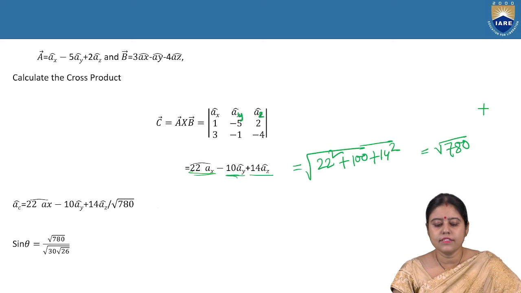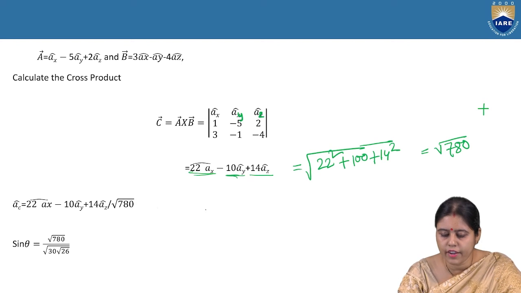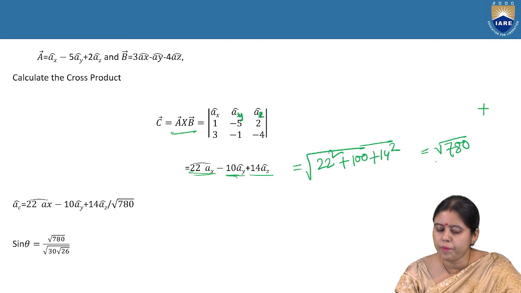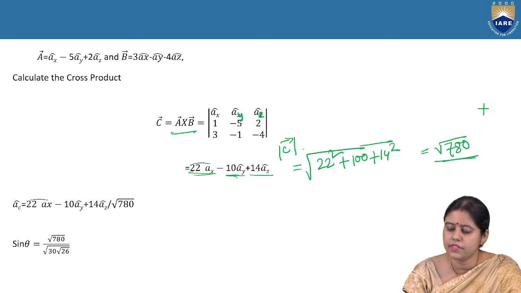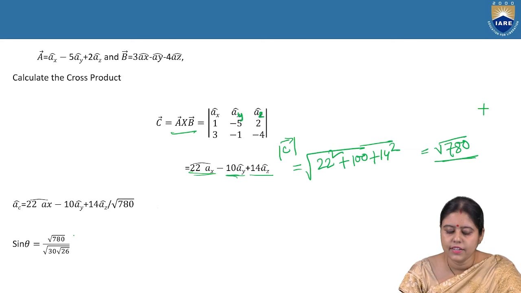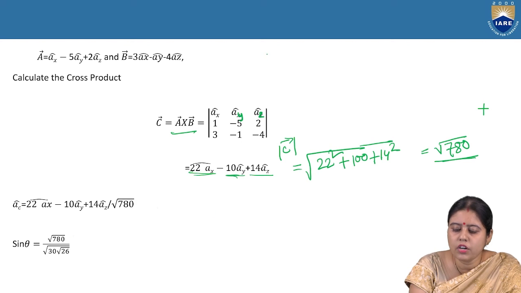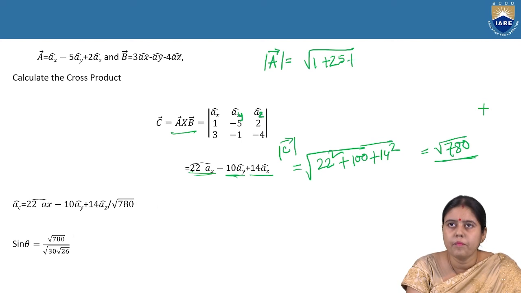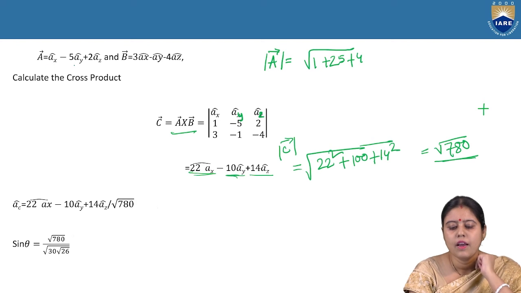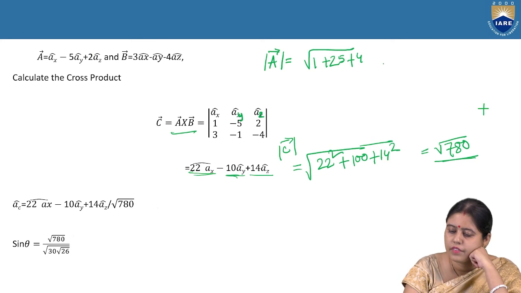Chalo. So what is the total magnitude? We have calculated A cross B. The magnitude of A cross B, or C, is root 78 divided by, what is mod of A? Mod of A is 1 plus 25 plus 4, 1 plus 5 square 25 plus 2 square 4, root 30.